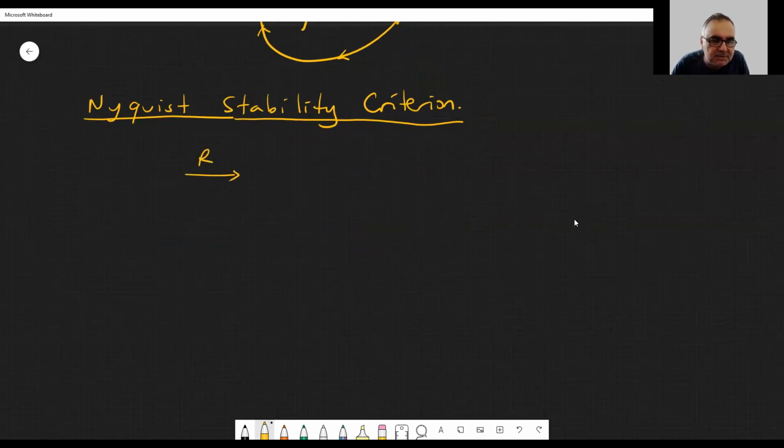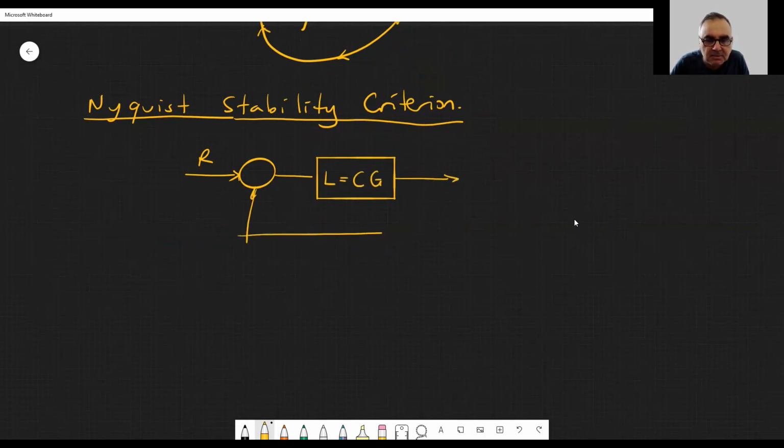As we have said, this is R. This is L equals C times G, the open loop transfer function, this is Y. This is minus, this is plus. So the closed loop T of S is L over 1 plus L. L contains the controller and the plant, okay?